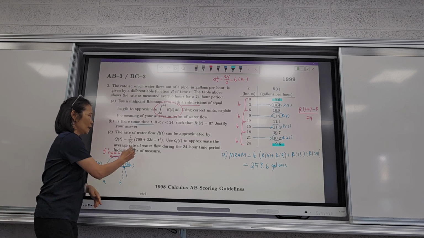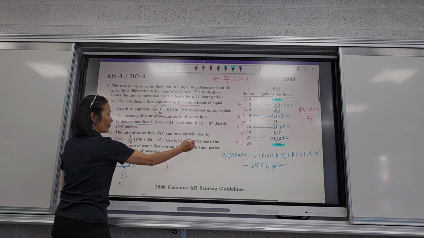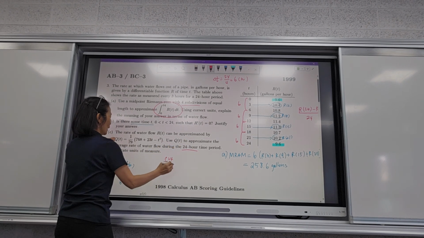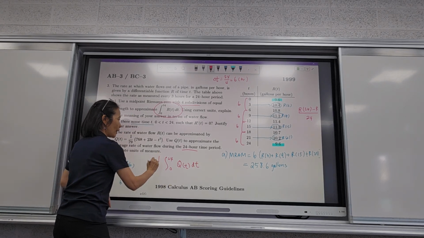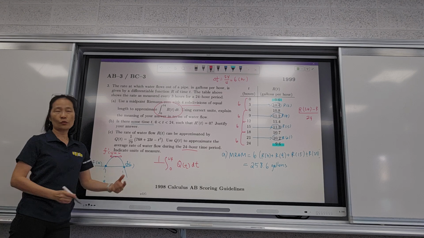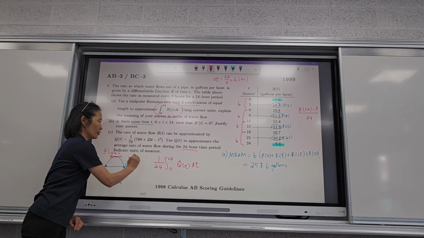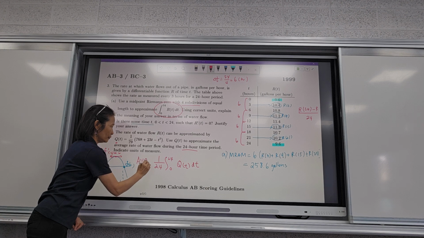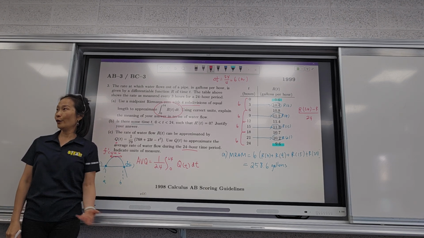So we want to find the integral from 0 to 24 of Q of t dt, right? Divided by total time, which is 24 hours. That will be the average value of Q, which is how fast the water flows out of the tank.